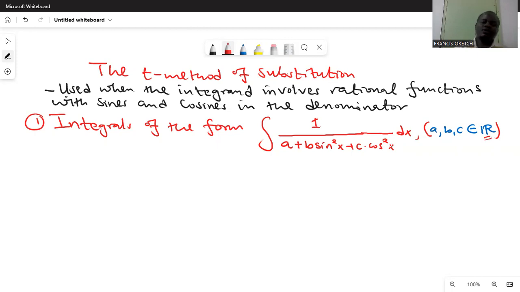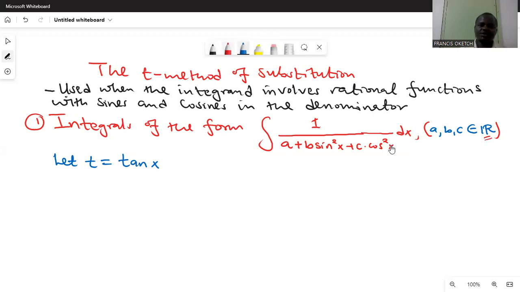So when you have this form of integrals, how are you supposed to start? We are going to say let t be equal to tan x.